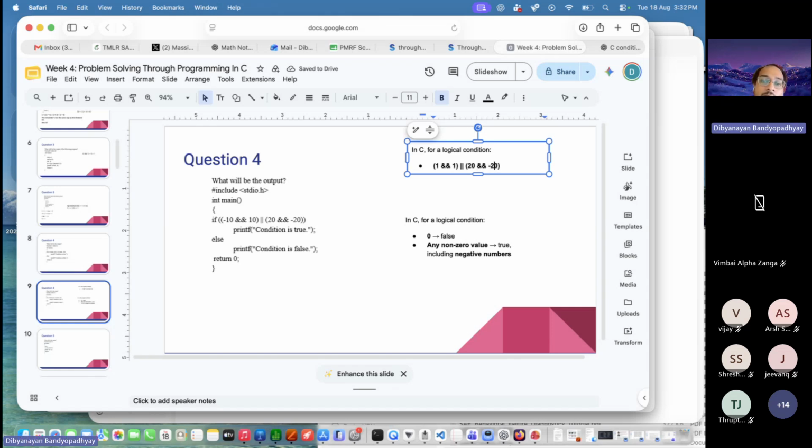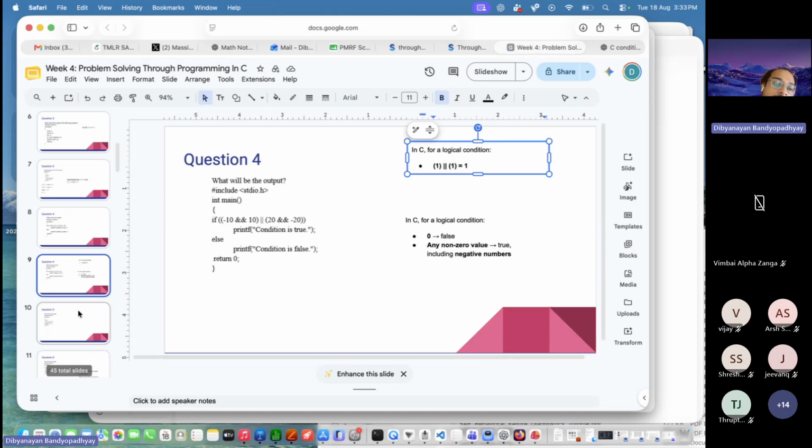Again the same thing will happen. Any non-zero number, I mean, sorry, negative number, it doesn't matter, so it will also evaluate to 1. So both of them will evaluate to 1. So 1 and 1 again means 1. So this is 1 and 1 and 1 on the left hand side. This is also 1. So 1 or 1 means what? 1. So the whole thing evaluates to if 1. So if 1 means the if condition will get satisfied and whatever is inside the print will get printed to the screen, which is basically condition is true. Okay? So this is how the expression is evaluated.